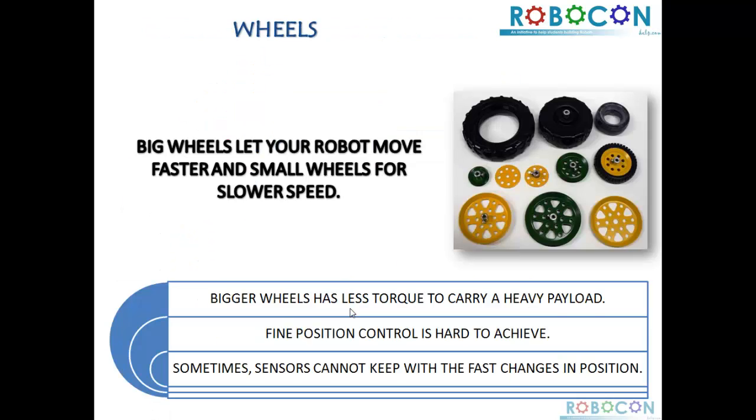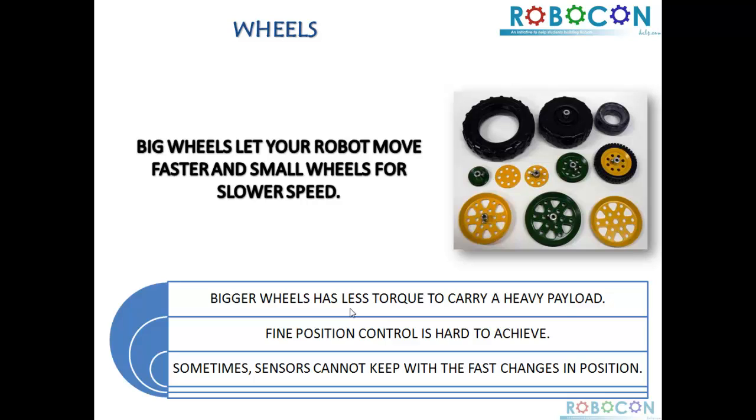So for wheels, we have a few tips. Bigger wheels let your robot move at a faster rate, while smaller wheels give slower speed. Why? Big wheels have less torque to carry heavy payloads, and fine position control is hard to achieve because the perimeter of a big wheel is larger than that of a smaller wheel.